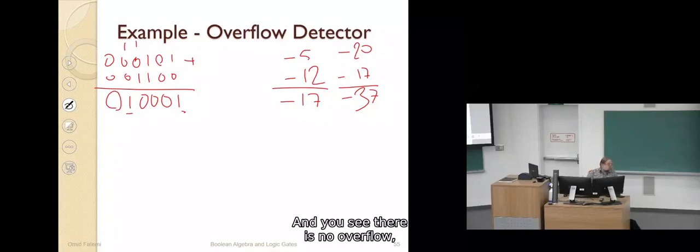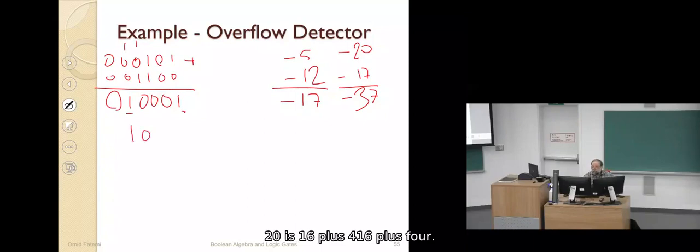And you see there is no overflow, nothing is here, it's just this number. Let's do now 20 plus 17. 20 is 16 plus 4. So this is 20 plus 17. 17 is 16 plus 1.